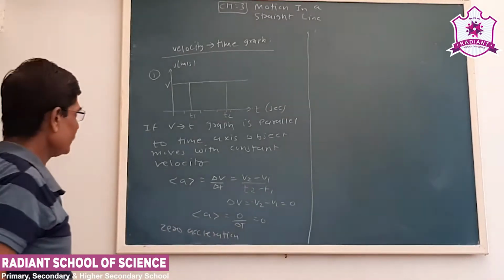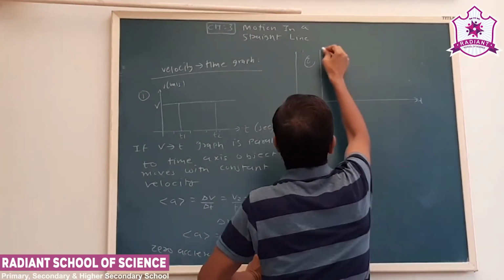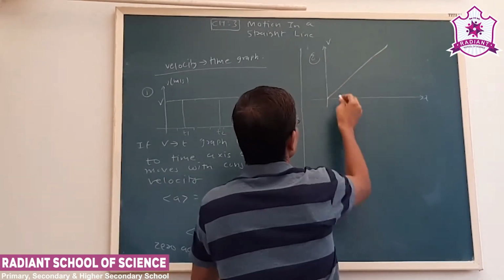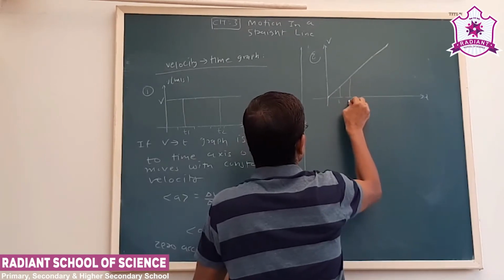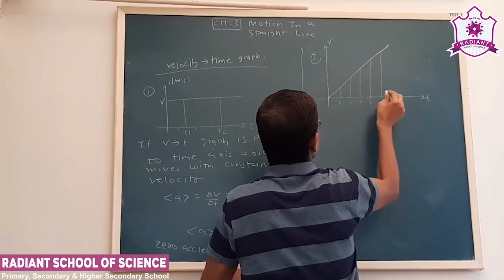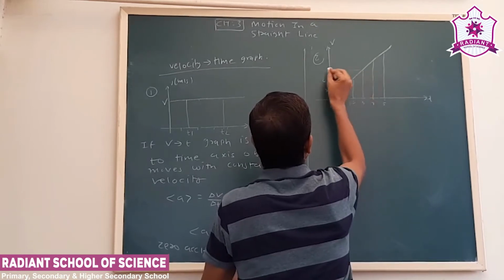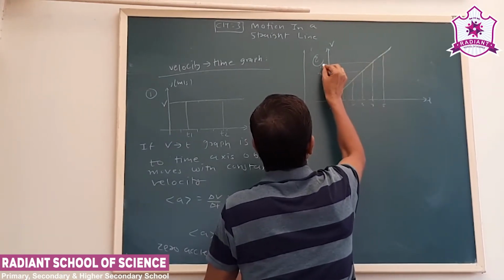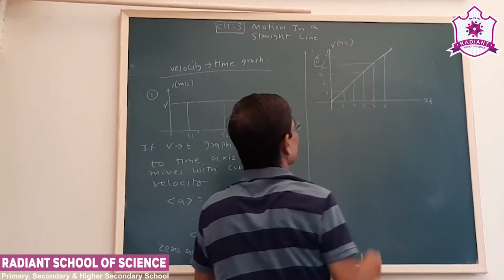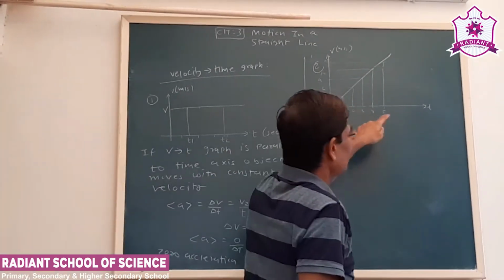Okay. Now see the second type of graph. Now what we see is the v versus t graph is a straight line.